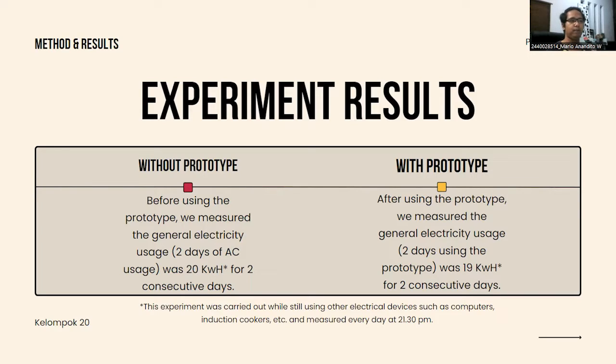With the prototype, we measured the general electricity usage of 2 days at 19 kilowatt hours. It is noted that the experiment was carried out while still using other electrical devices such as computers, induction cookers, etc., and measured every day at 9:30 p.m.